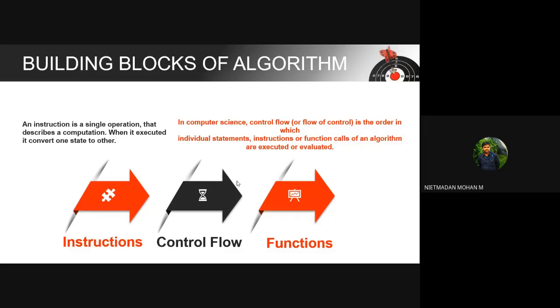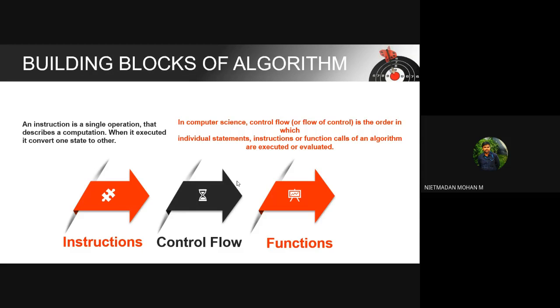Whatever things you are giving into an algorithm, that want to be executed. So that is called an instruction. We can't skip the step from step 1 to step 8 or step 3 to step 5. We want to start with step 1 and we want to stop with step n. So that is called an instruction. Clear?